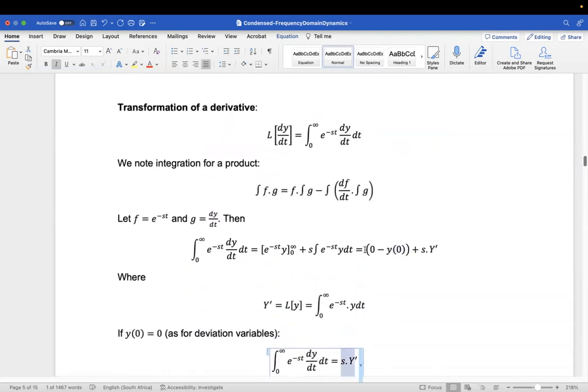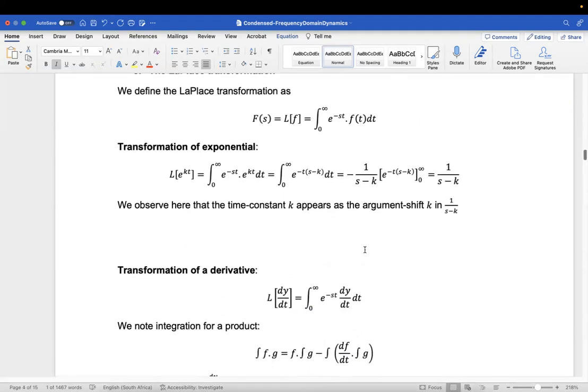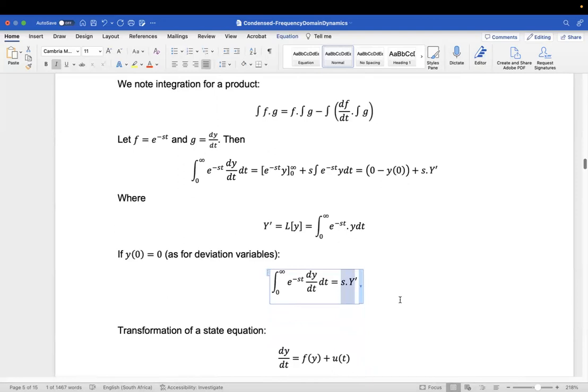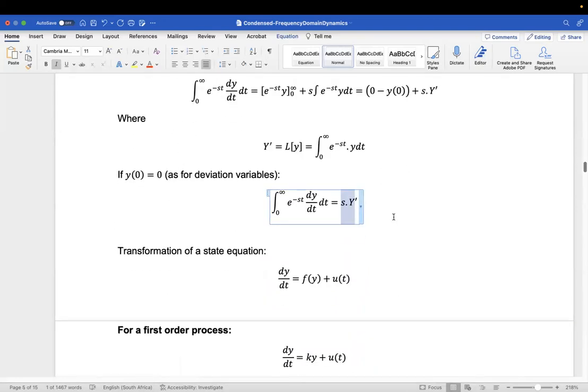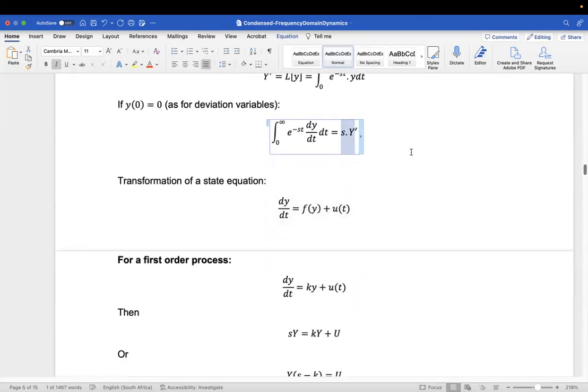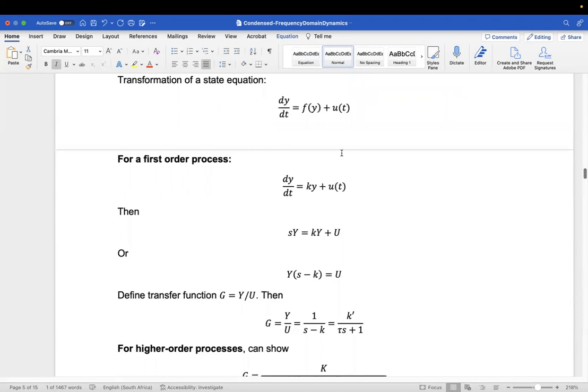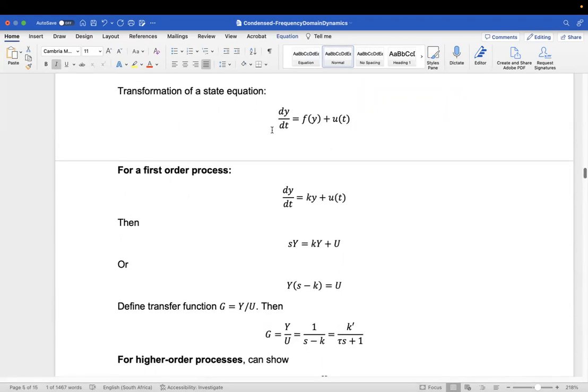So we go into the space in Laplace transformations where the operations are much easier. They're quite algebraic to deal with. And so that's why we are able to do many things and find many more relationships in this alternate space. And here's just an example. If we apply this to our context of control.